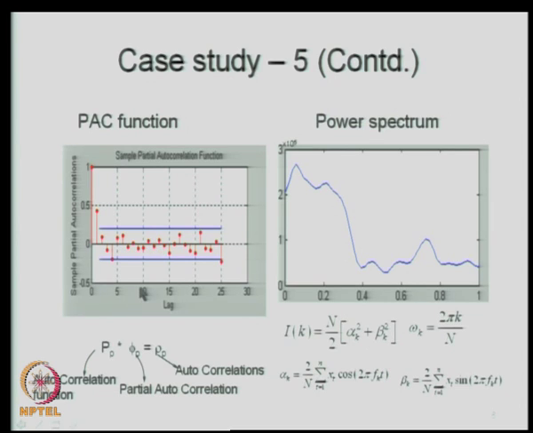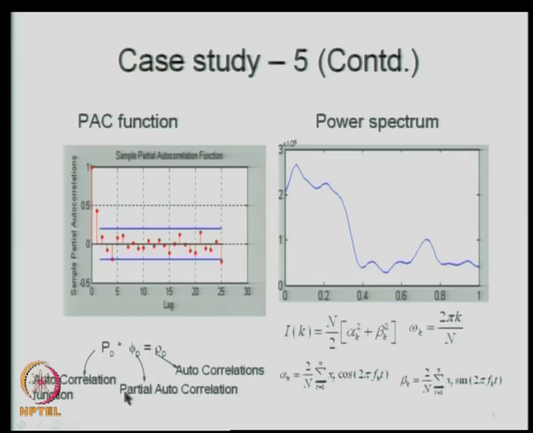How do we get the partial autocorrelation? Recall again that we formulate the Yule-Walker equations. Yule-Walker equations will give you P p into phi p is equal to rho p. This is the Yule-Walker equation, where P p is the autocorrelation function and phi p is the partial autocorrelation and rho p is the autocorrelations.